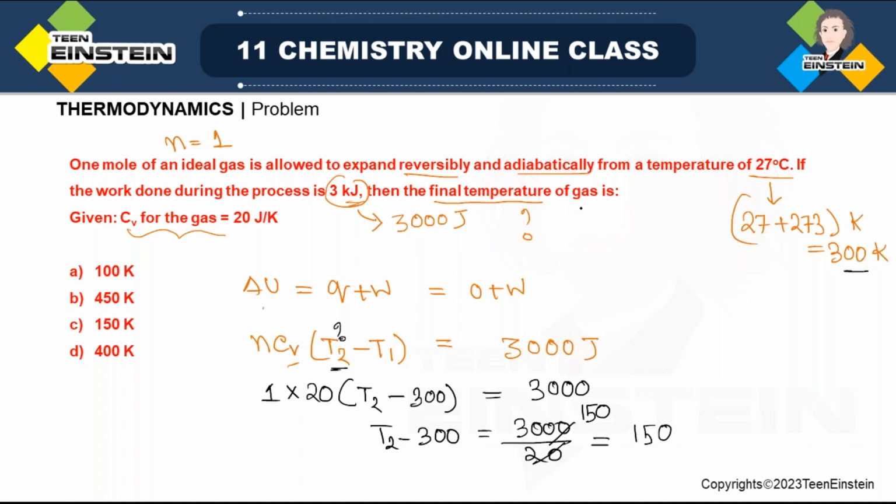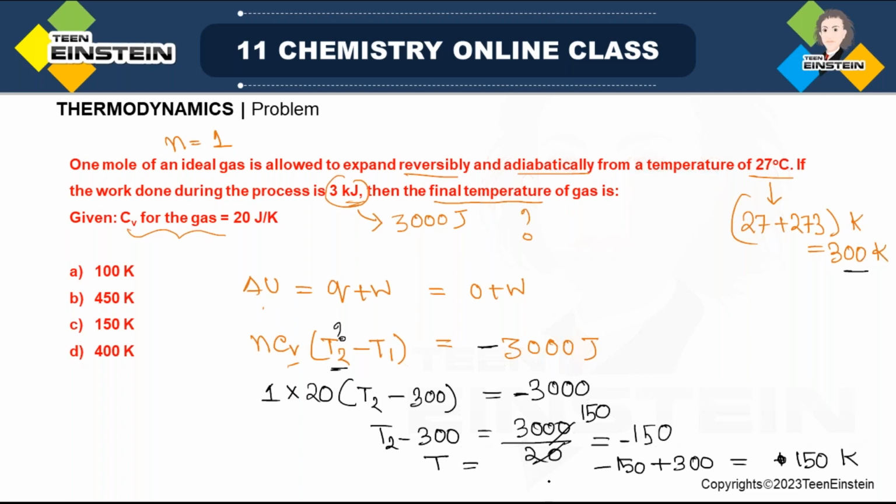Sorry, there will be a negative sign. Okay, so negative sign, so minus 150 plus 300. So ultimately we are getting 150 Kelvin.